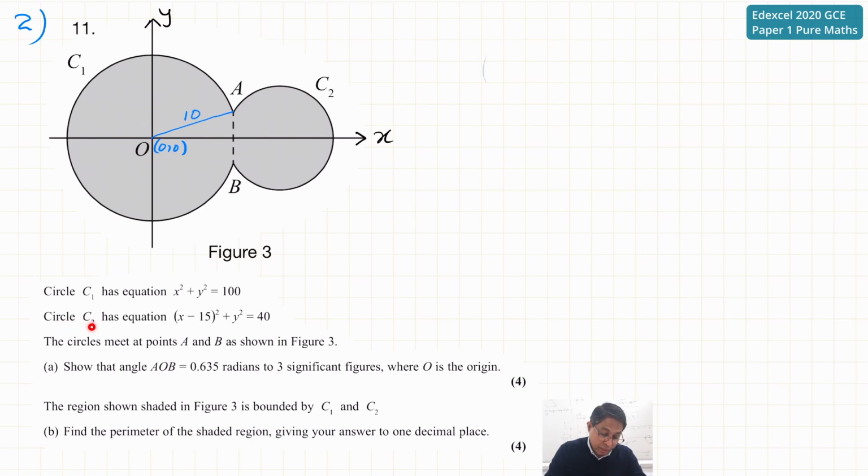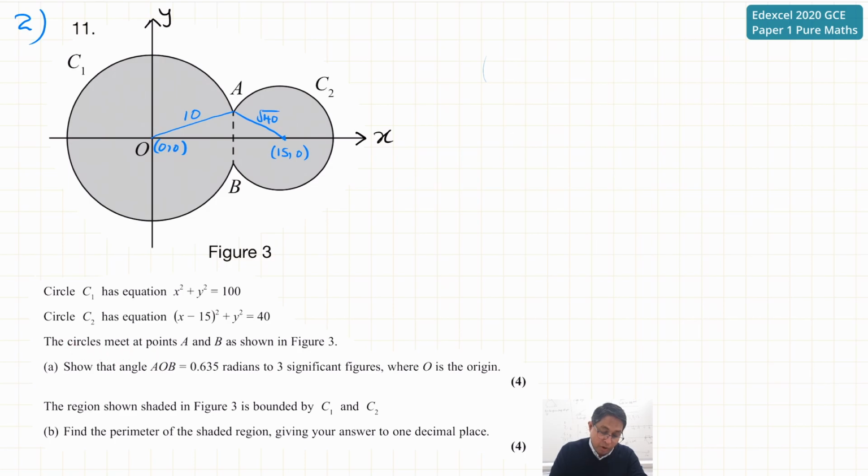And circle C2 has equation x minus 15 square plus y square equal to 40. Therefore, this circle C2 has center 15, 0 and radius is square root 40. So we can put this information here. The center is 15, 0 and radius is square root 40.